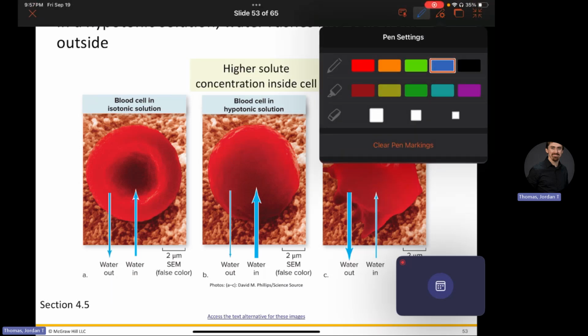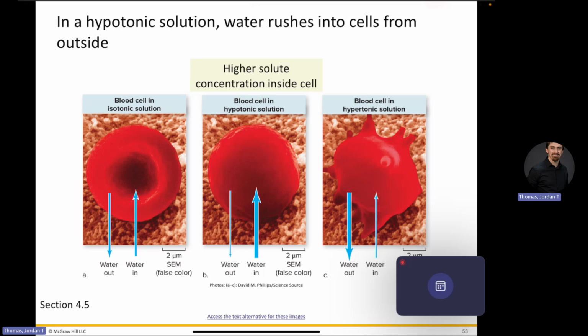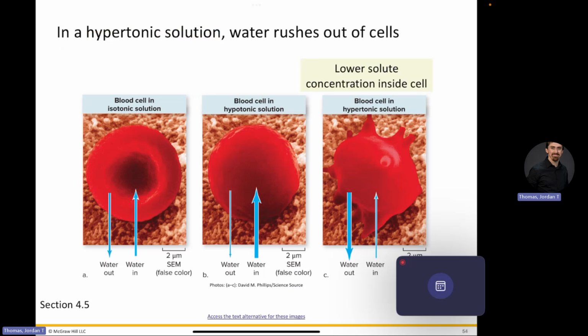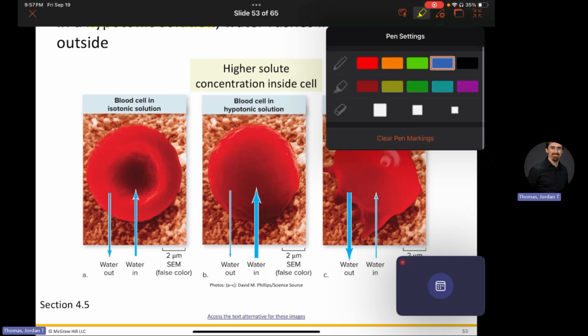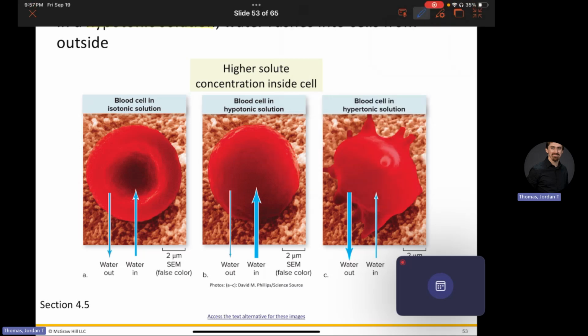Now let's get into the opposites. Hypotonic solution. Hypo means low. In a hypotonic solution, the solution outside the cell has a lower solute concentration, so there's a higher solute concentration inside the cell. We have a lot more solute molecules in the cell than outside.